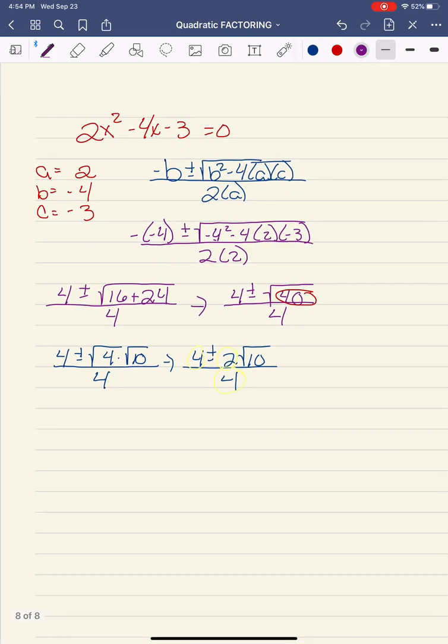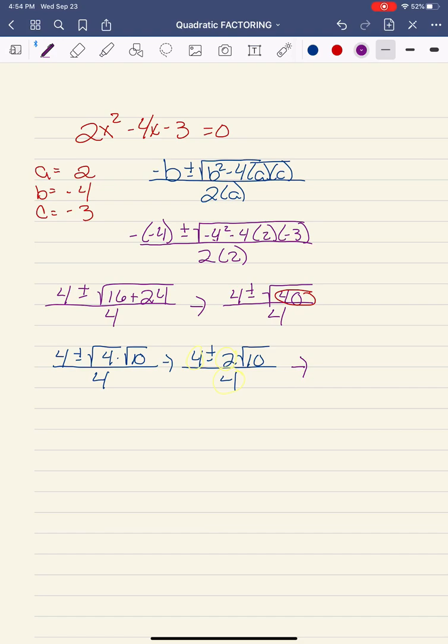So with that, I now have 2 plus or minus the square root of 10 divided by 2. Notice I can't touch what's inside my radical sign. However, I can take these values here, and as long as they share a greatest common factor of 2, I can simplify it.